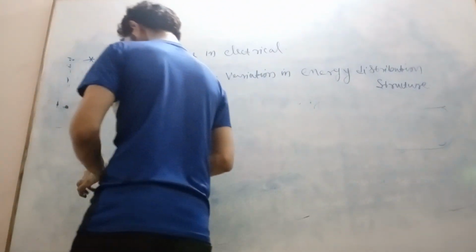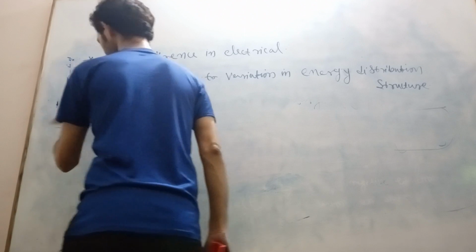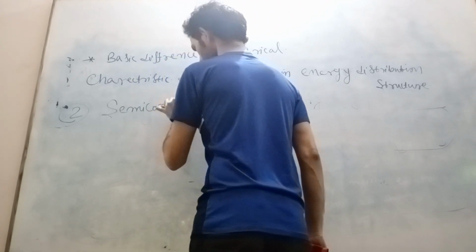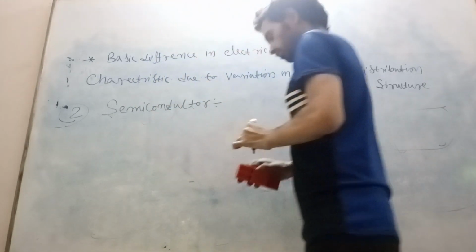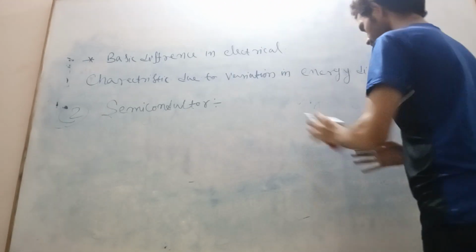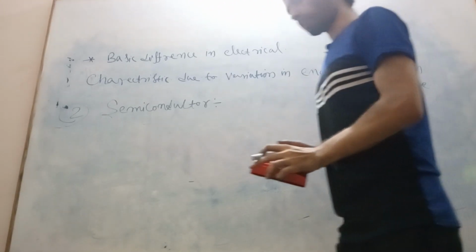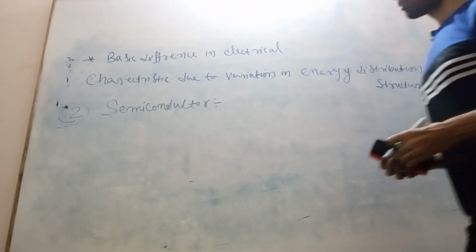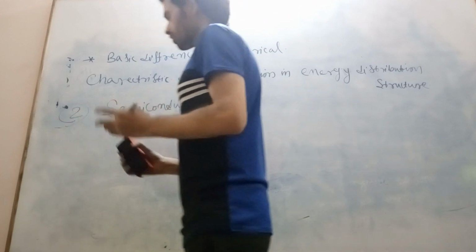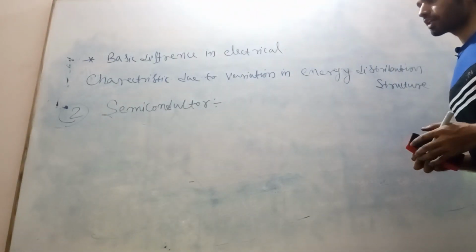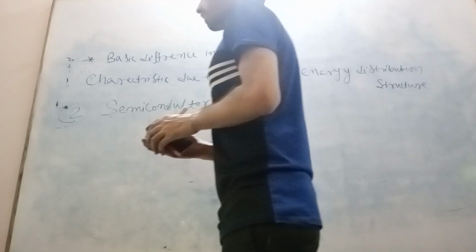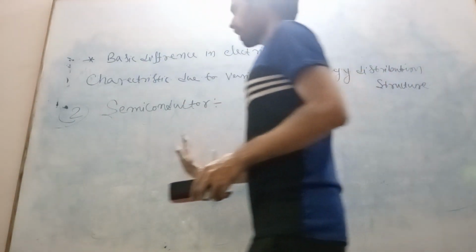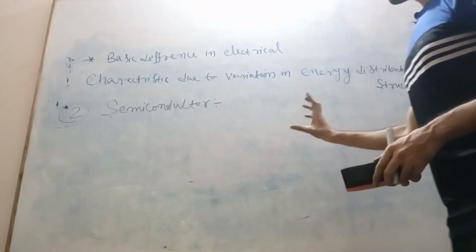Now coming to semiconductor material. Semiconductor materials are those materials which have allowed energy band in such a way that the allowed energy band is either almost full of electron, or almost empty of electron.